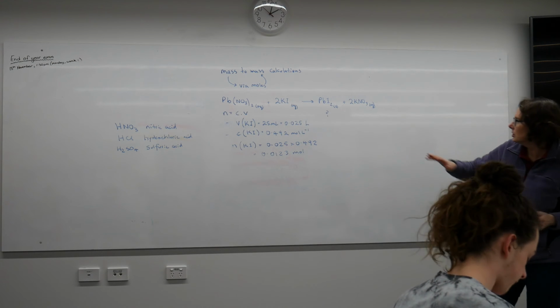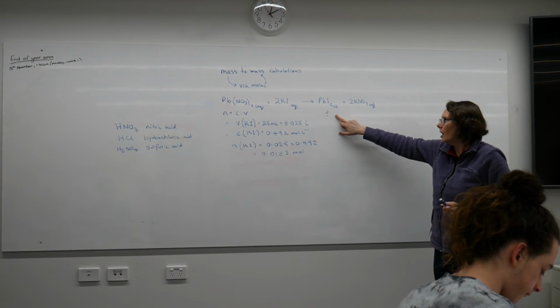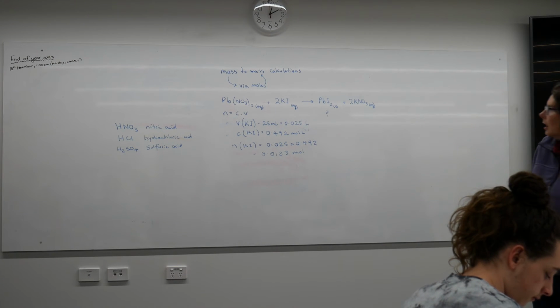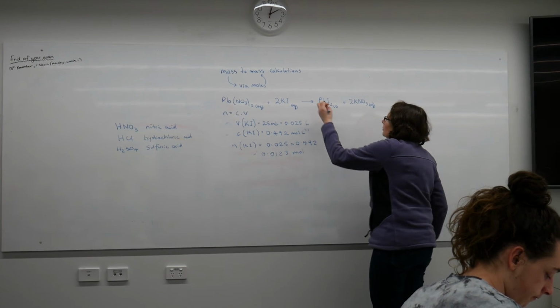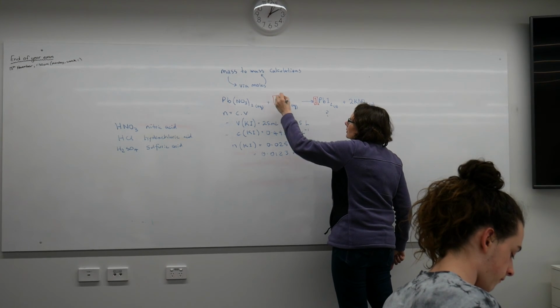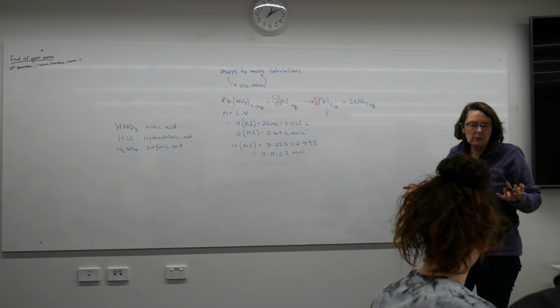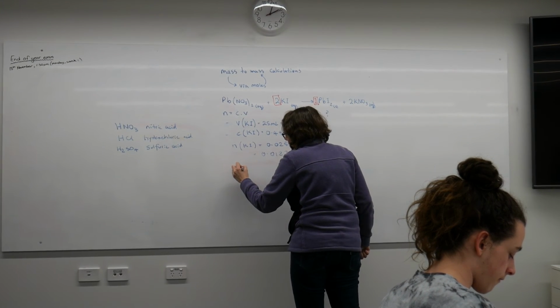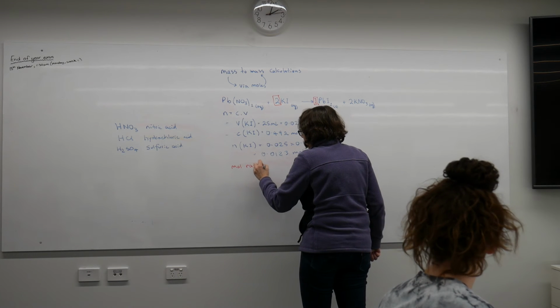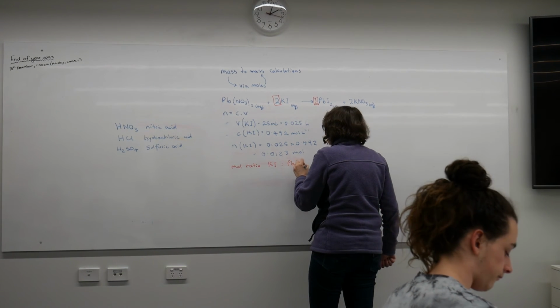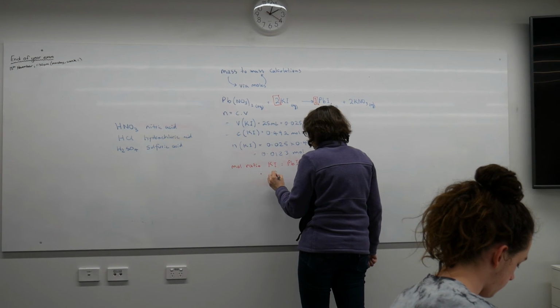Now we wanted to find the lead iodide, so we're interested again in our balanced equation. We've got our one that we didn't write here and our two here. So we're really only interested in the ones involved in the calculation for our mole ratio of KI to PbI2 is 2 to 1.